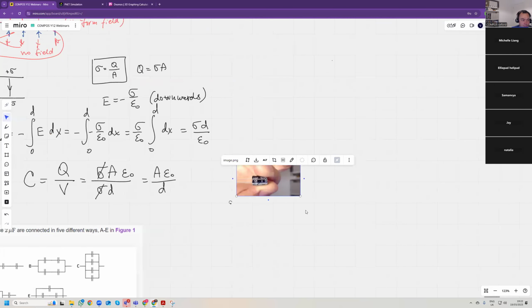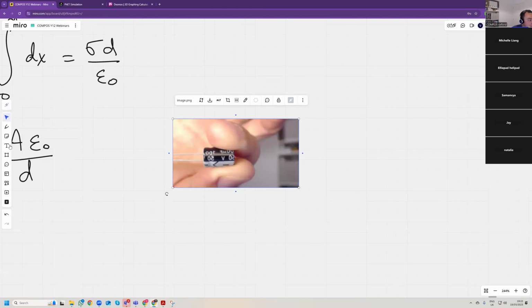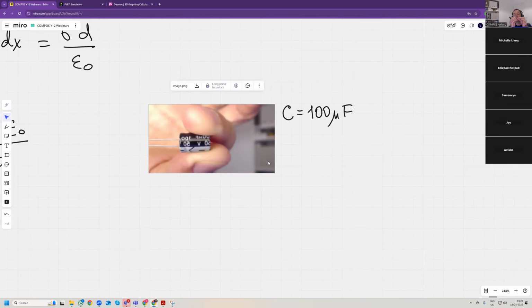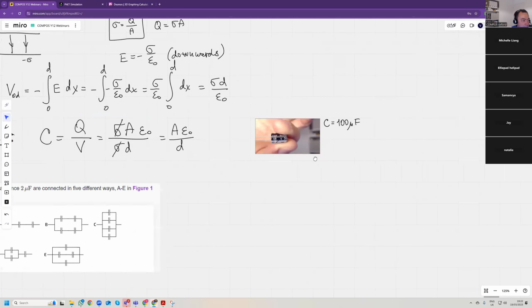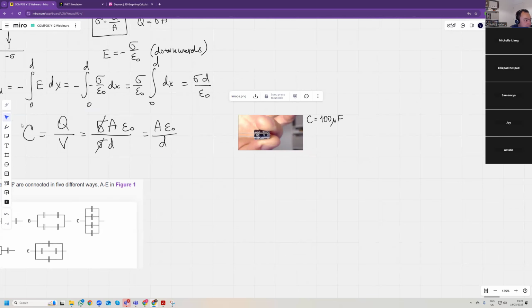Capacitance example. So the capacitance is 100 microfarads, and the capacitor is used to store charge. So if you connect the capacitor to a battery, it will get charged, and the capacitance is Q over V. Capacitance is Q over V. And it says V is 50 volts.